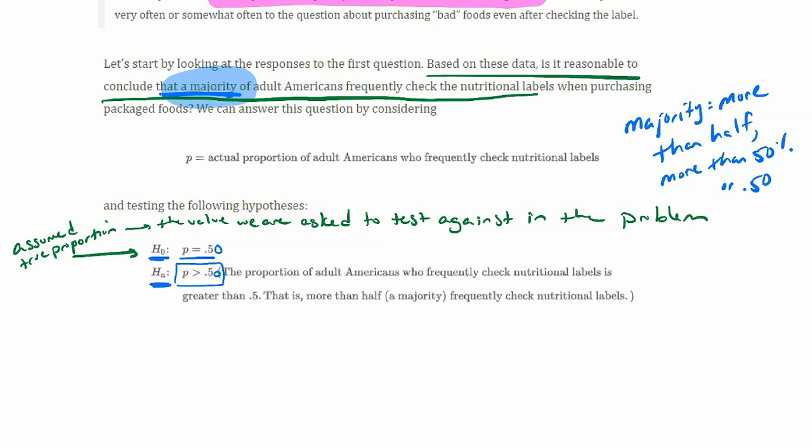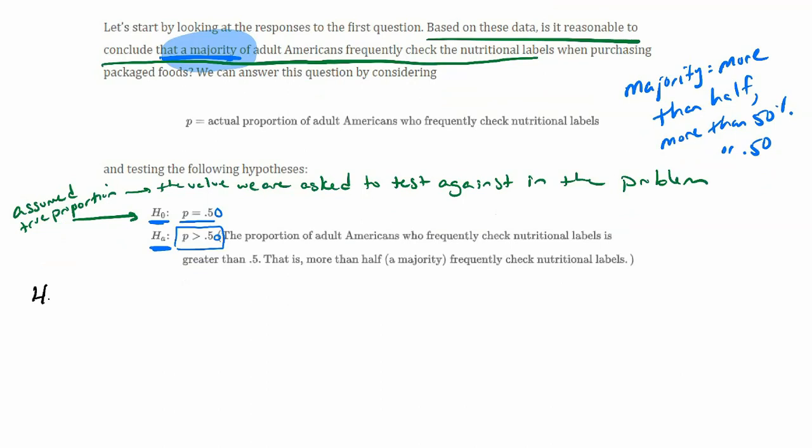Okay, so that's what we have to begin. So let me just clean this up. Here's the process. We were at H sub 0. We think that the proportion might be 50%, but the way the question was asked, do we think it might really be a majority based on our sample data? So we're going to test to see if the true proportion is actually greater than that.